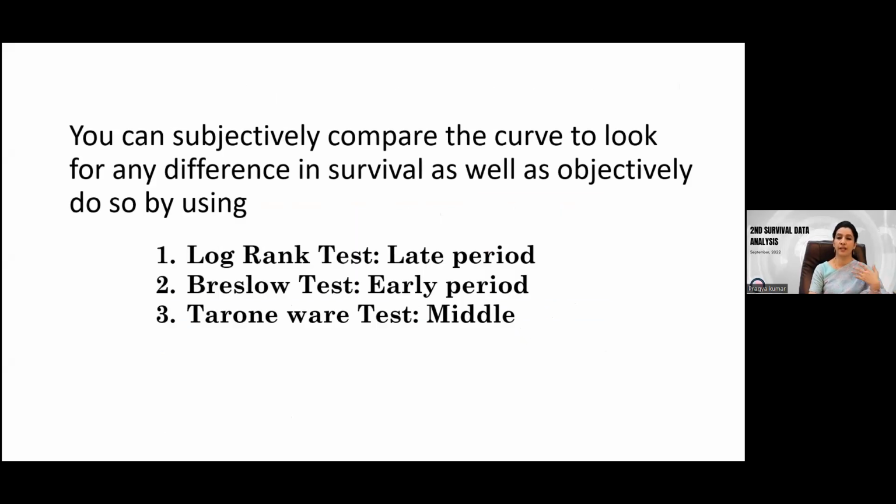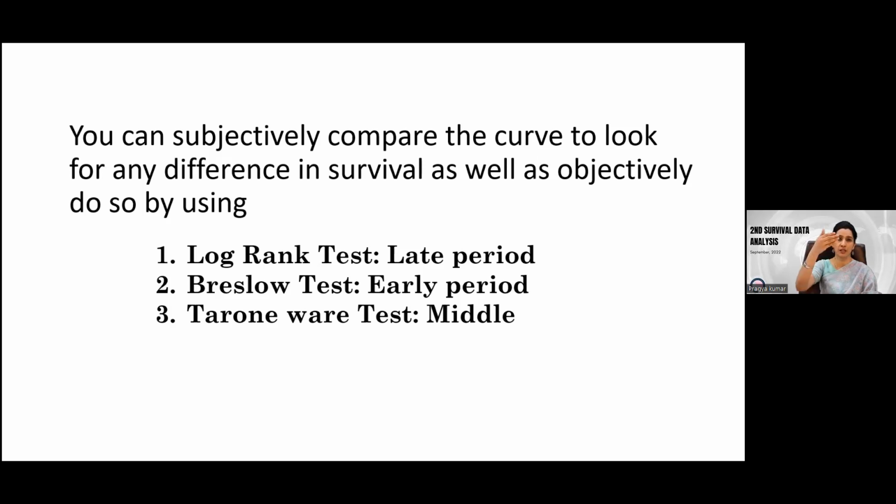Now there are various options which you have in SPSS, and probably in Jamovi, it gives the log rank most commonly. It compares the curves to look for any difference in the survival probability. Besides the log rank, there is also the Breslow test, which is also known as the Wilcoxon test, and there is the Tarone-Ware test.